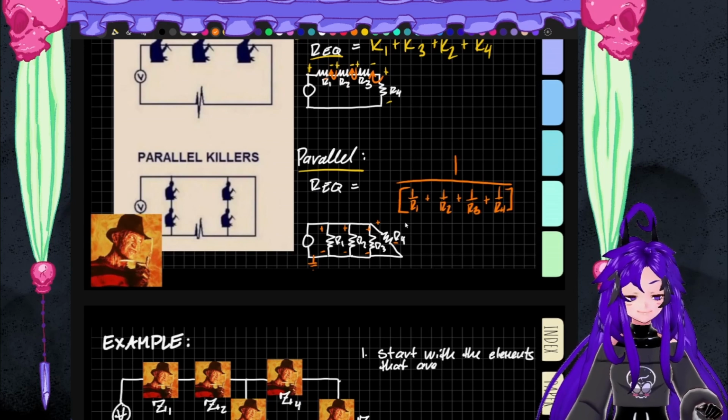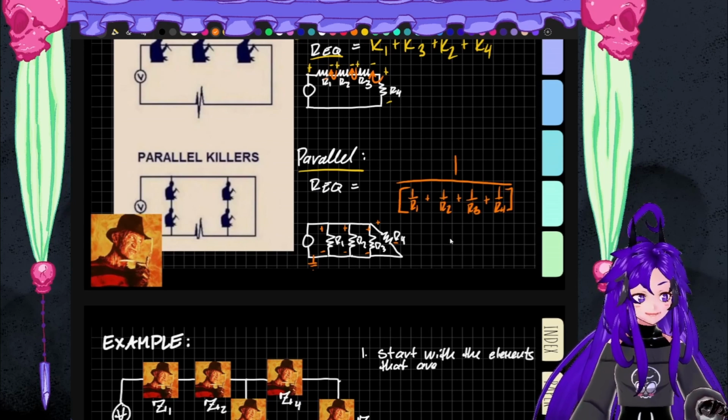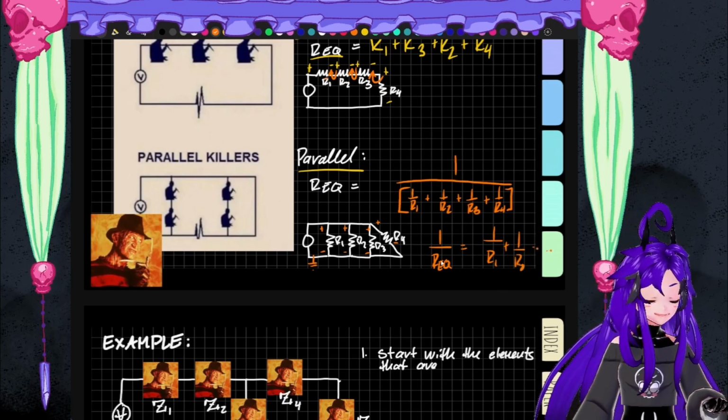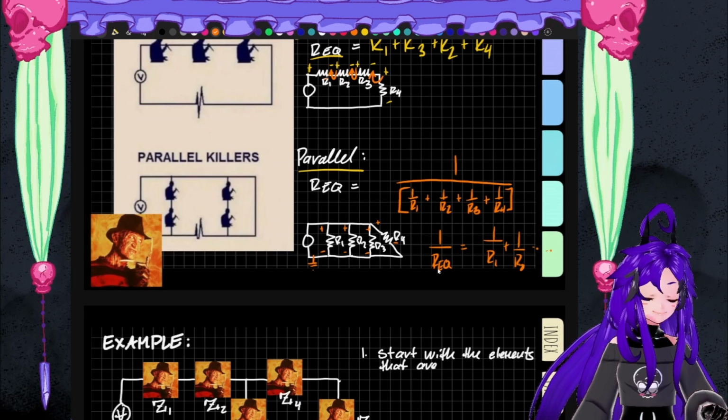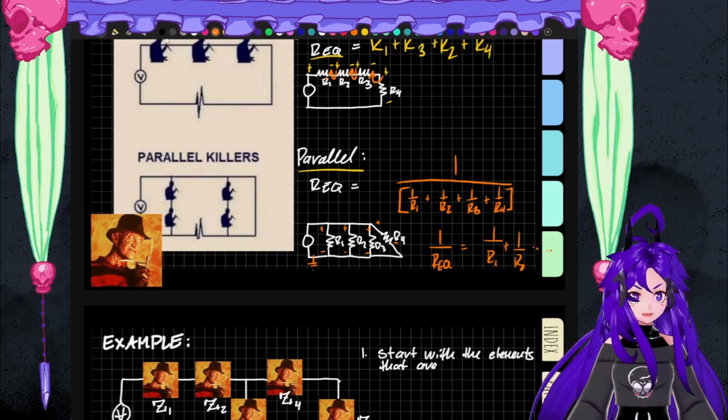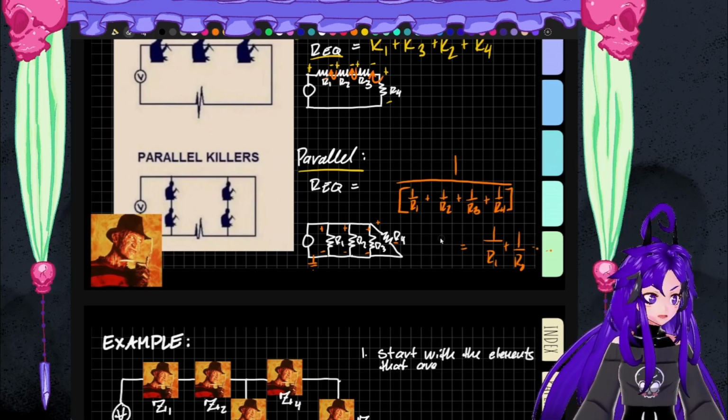Technically, this is generally taught as 1 over REQ equals 1 over R1 plus 1 over R2 ..., right? This is horribly confusing. Just write it this way. Trust me.